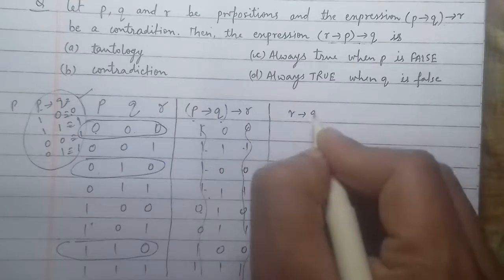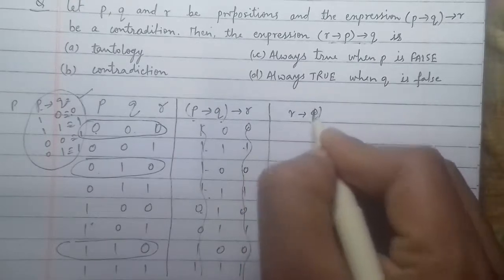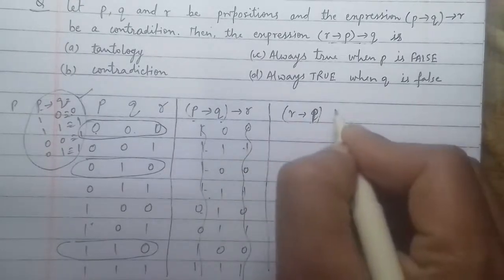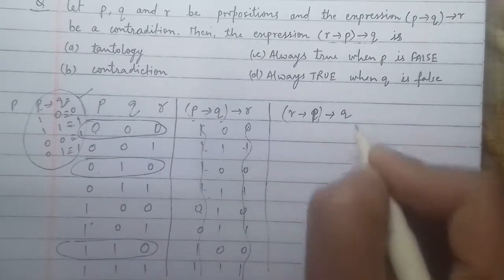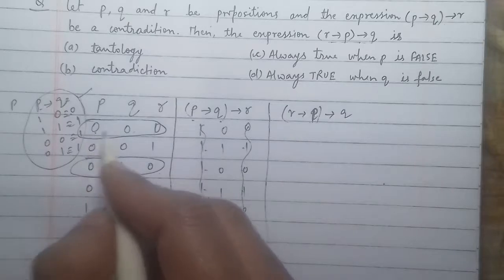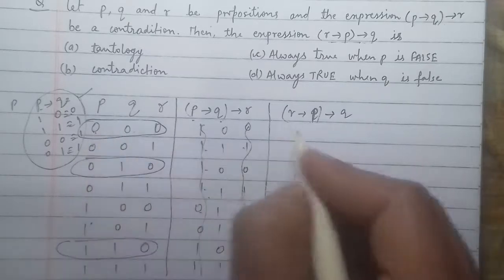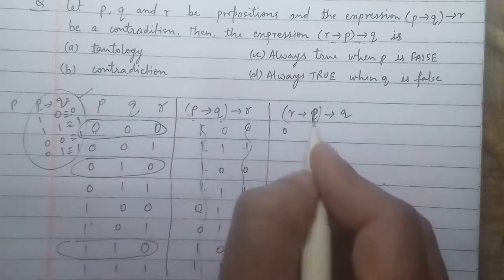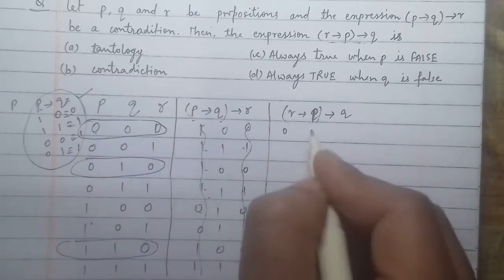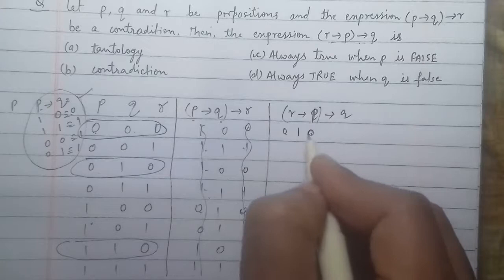So, R implies (P implies Q). Here the value of R is 0, the value of P is also 0, 0 implies 0 is 1. Replace this.